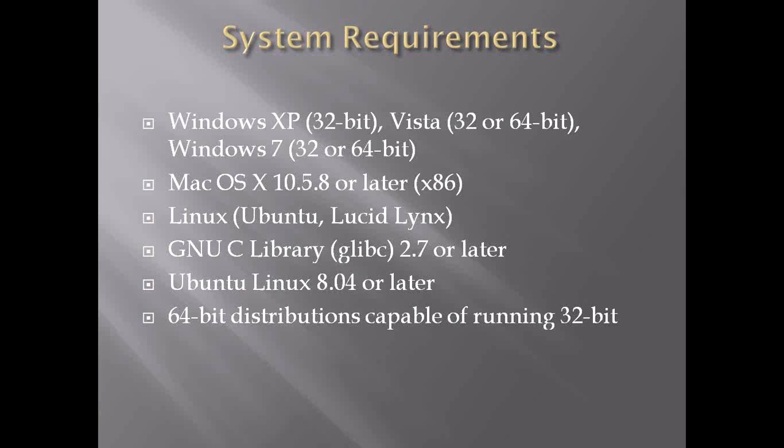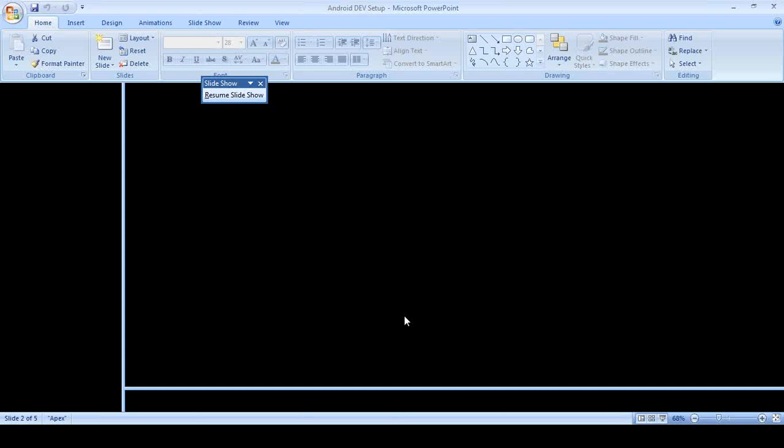And if you have GNU C library, Ubuntu Linux, a 64-bit distribution is capable of running 32-bit. If you have a 64-bit machine it will work, and if you have a 32-bit machine it will also work. So this is the basic system requirement. Your system should be of this minimum configuration to run your Android application.